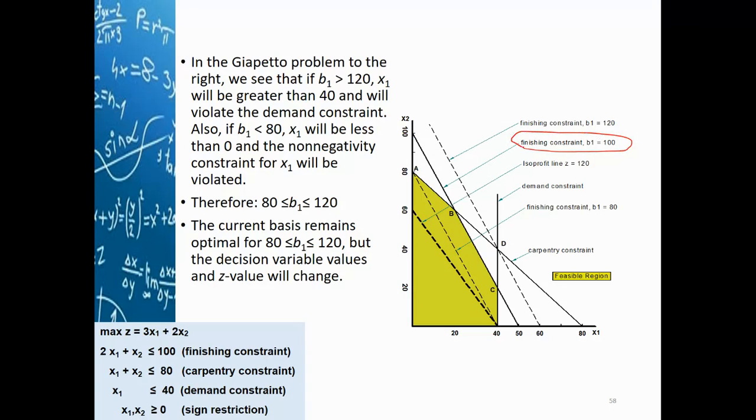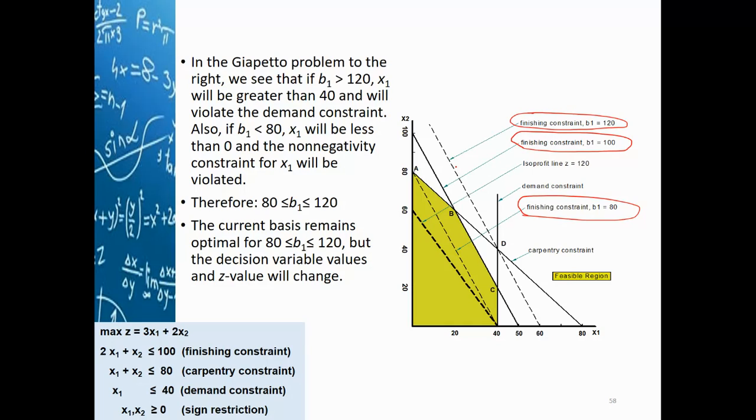Then you start to look at two different finishing constraints. The first one is this one, you can double check on the dotted line there, and the second one is this one. You can see over here it changes a little bit between 80 and 120.